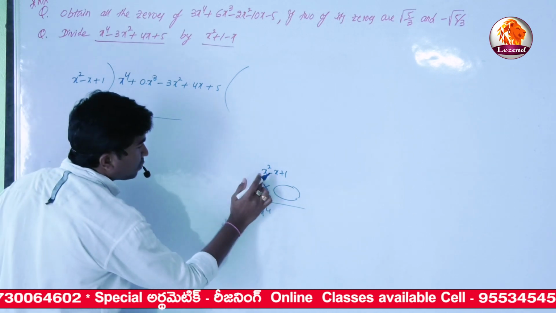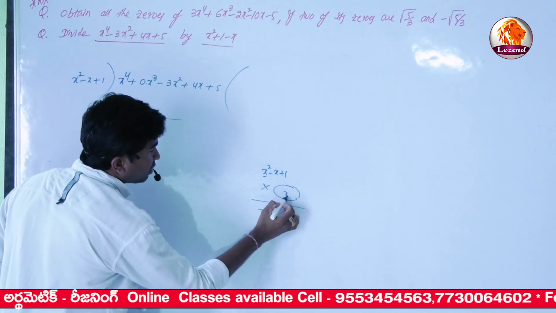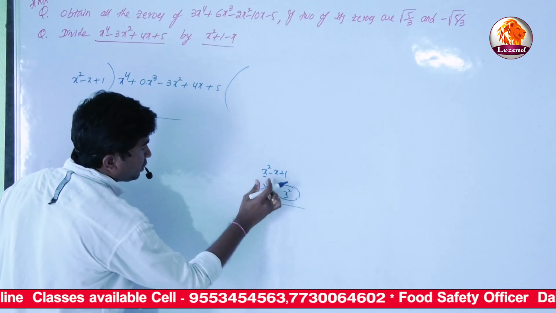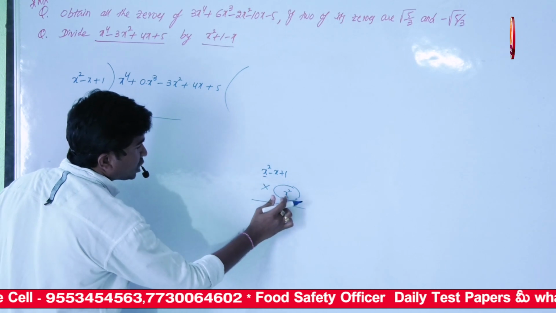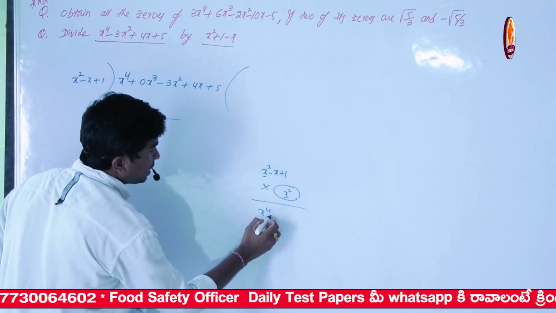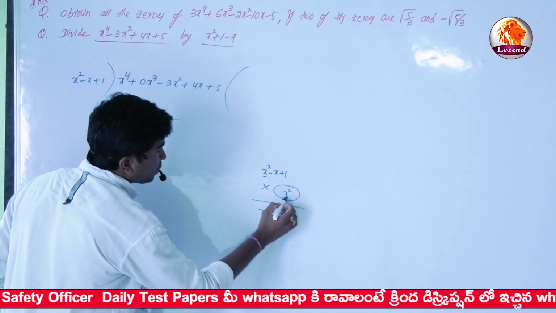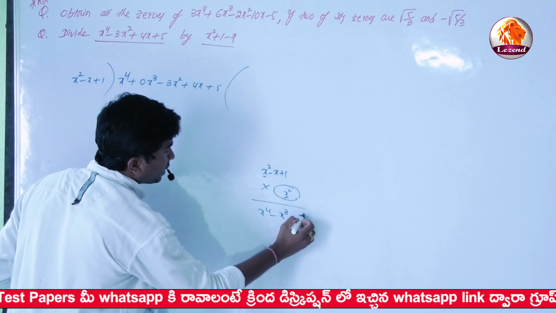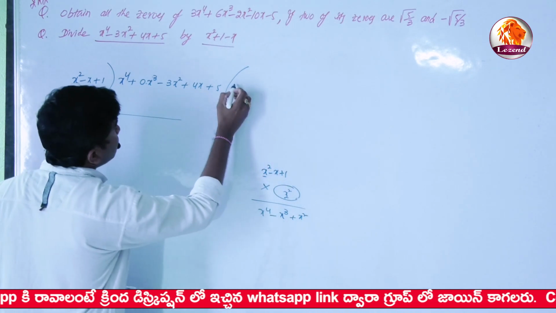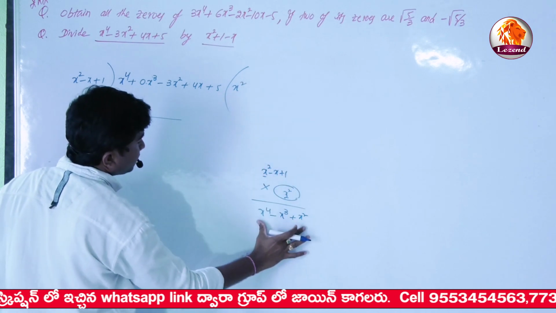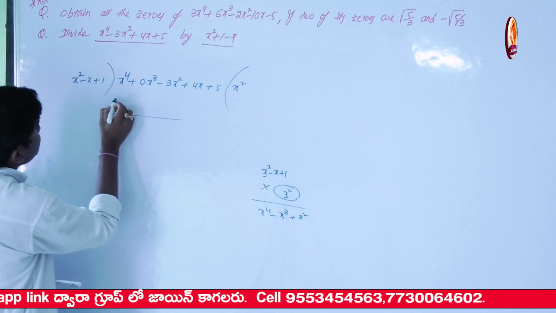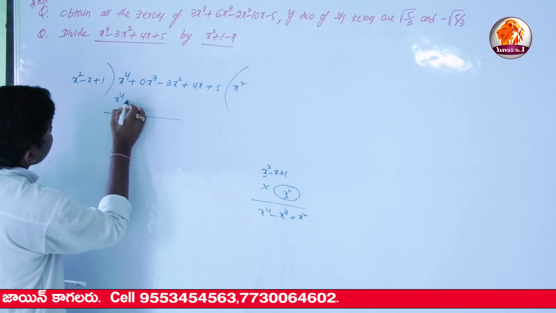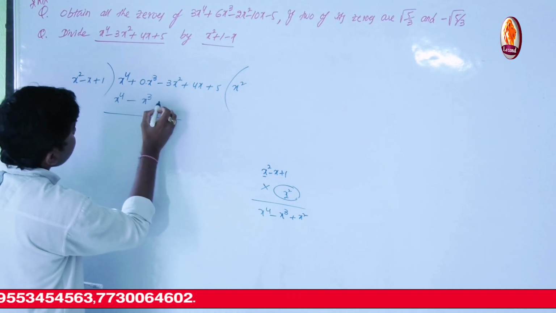Take x square. x square into x square is x power 4, x square into x is minus x cube, x square into 1 is x square. So this is the quotient term, x square, and the result term is x power 4 minus x cube plus x square.